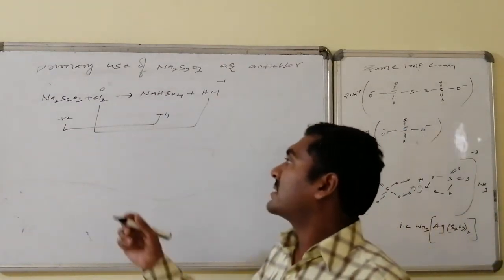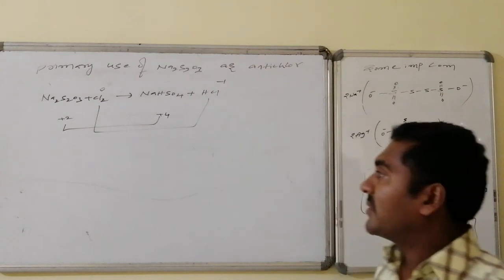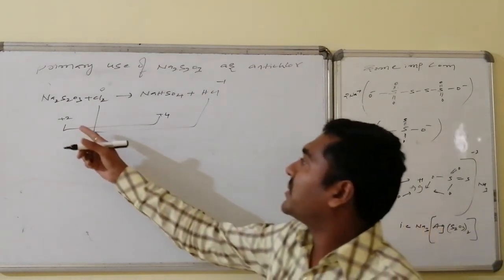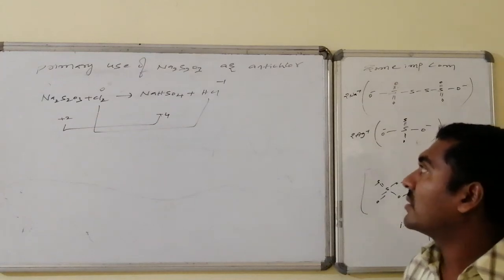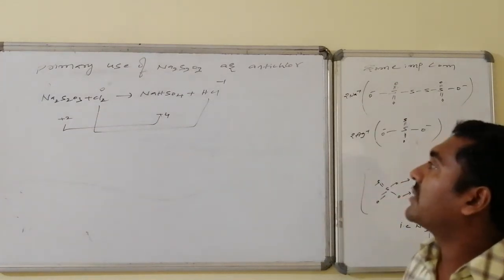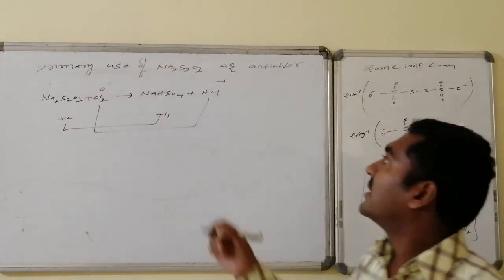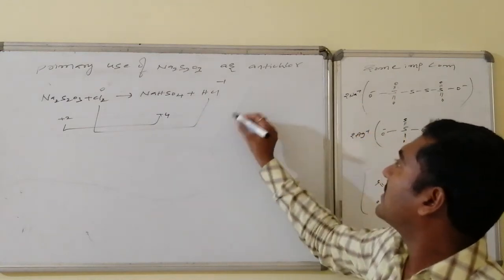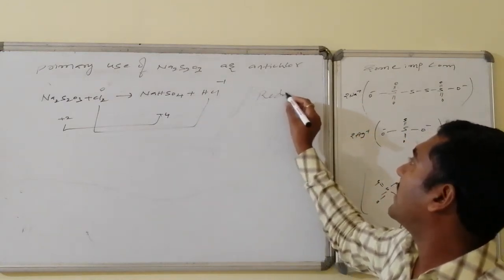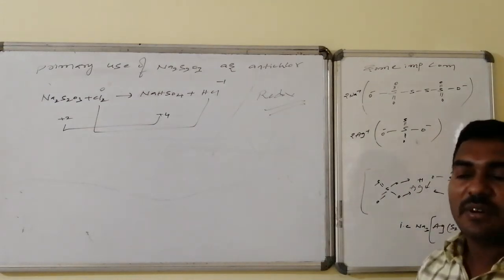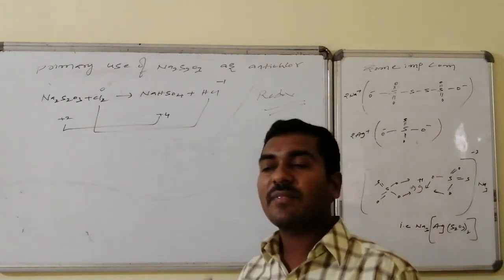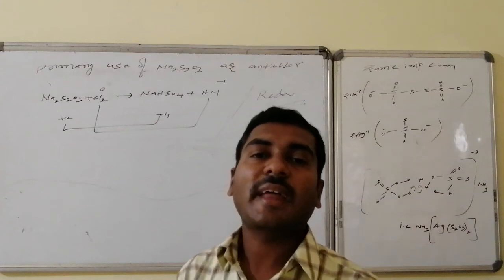The average oxidation state of sulfur is +2. On reaction, sulfur is converted to sodium bisulfate, with oxidation number increased from +2 to +4, whereas Cl0 is converted to Cl-1. Thus a redox reaction takes place. In this redox reaction, chlorine is converted to HCl, which is washed out with water. Thus, the function of hypo is as an anti-chlor.